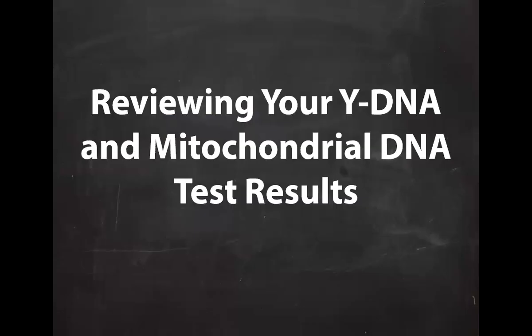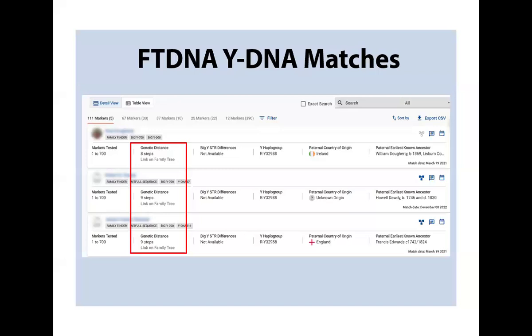Let's talk about reviewing your Y-DNA and mitochondrial DNA test results. As I mentioned, you also get a match list with Y-DNA and mitochondrial. Now, a little bit different with Y-DNA and mitochondrial is this idea of genetic distance. Instead of getting the number of centimorgans where you want a high number, in this case, you want a lower number.